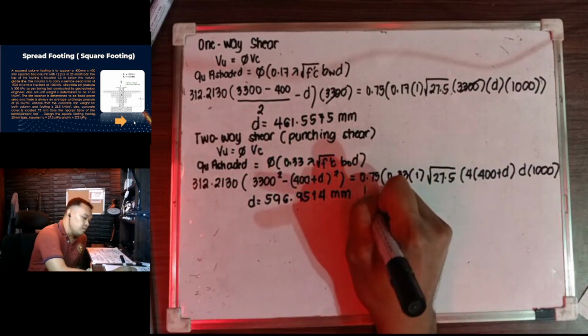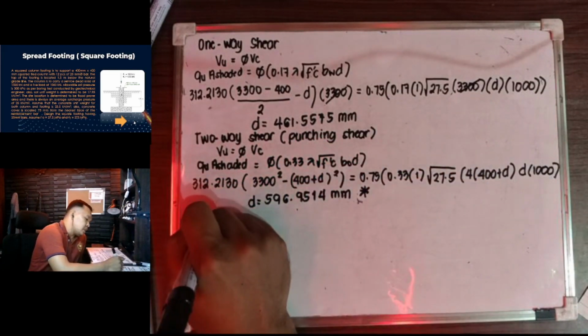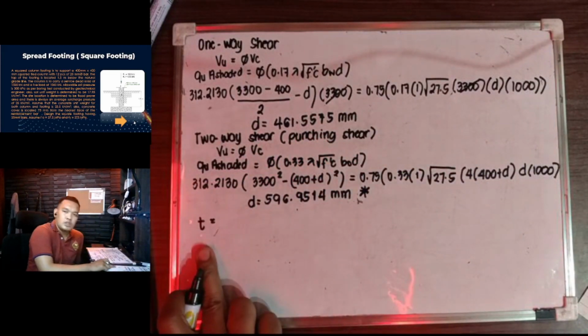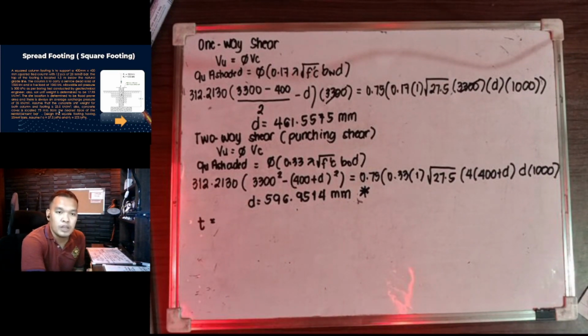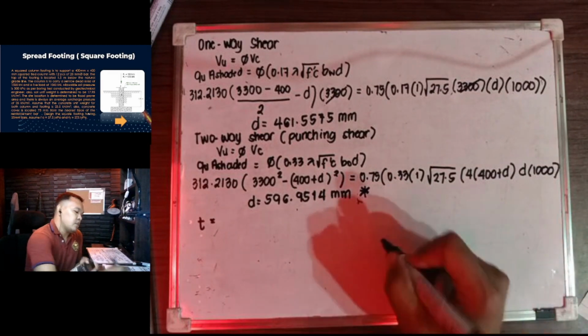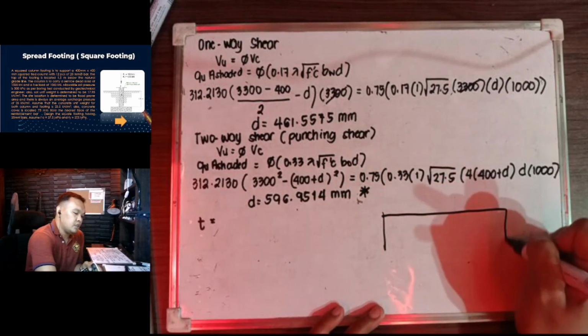Okay? So, to get the thickness of footing is equivalent kay, based dun sa binigay kong definition kanina to, the concrete cover is located 75 mm from the nearest face of the reinforcement steel bars. Okay, the drawing ko lang muna para ma-identify niyo.